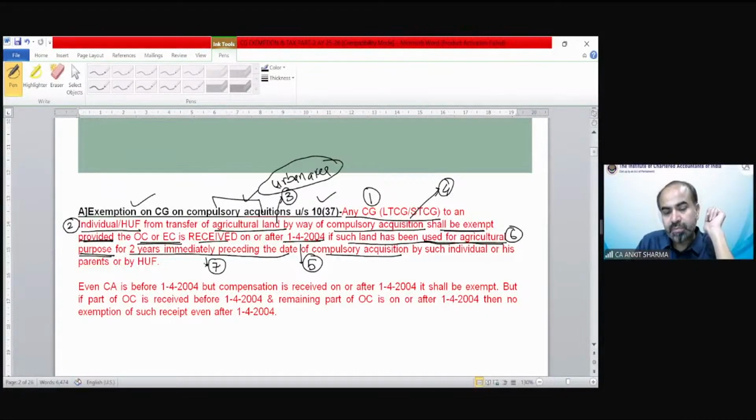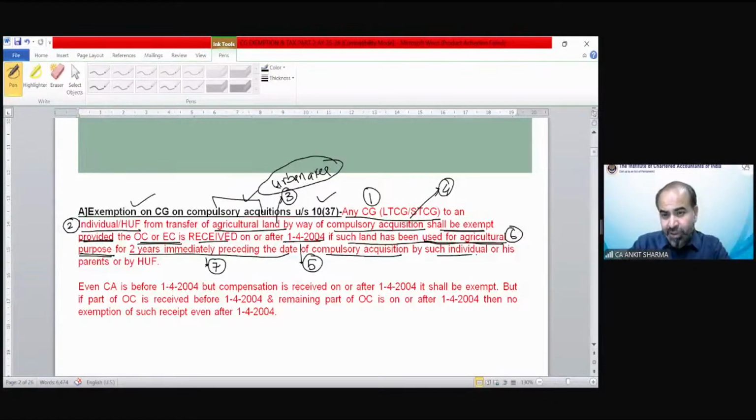Suppose compulsory acquisition has been done today, and from the last 1 year only, we are using that agricultural land for the purpose of agriculture. Before 1 year, we were using it for any other purpose, or it was not used for agricultural purpose. So at least it should be used for 2 preceding years for agricultural purpose. Clear? If it is not, exemption would not be there.